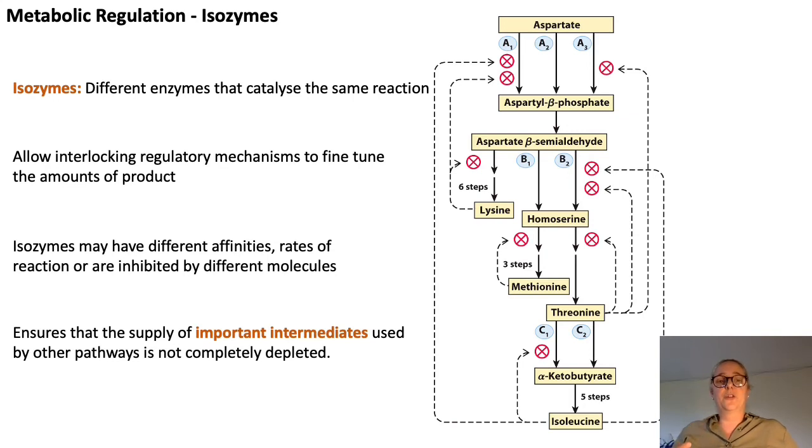This ensures that there is a supply of important intermediates which are used by other pathways, which is not completely depleted. So it's trying to be cost effective in energy requirements to produce enough products, but not to produce too much.